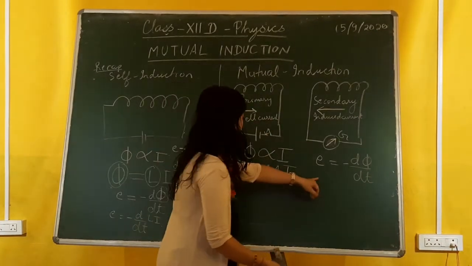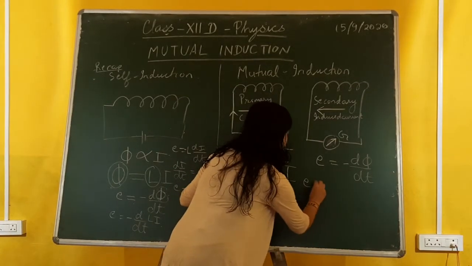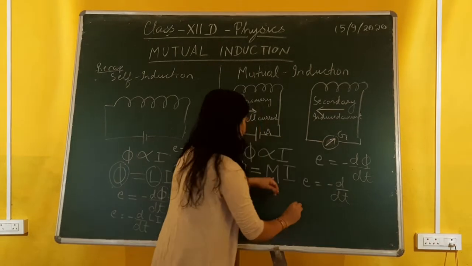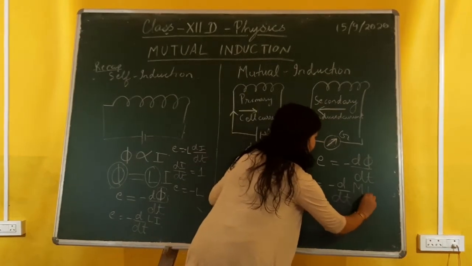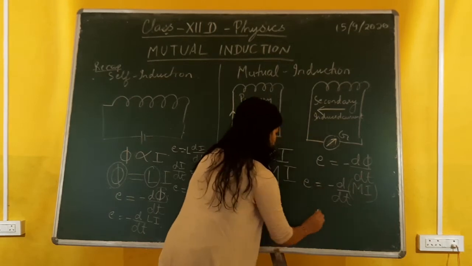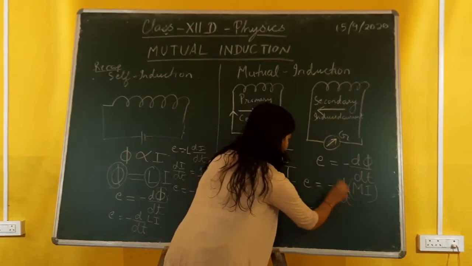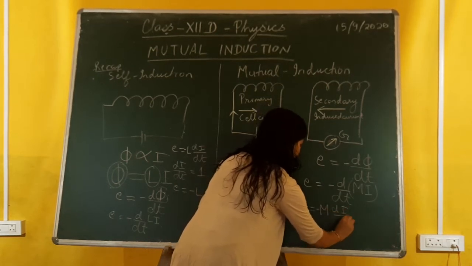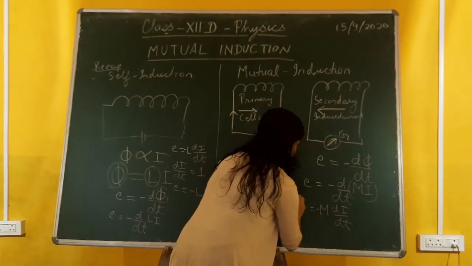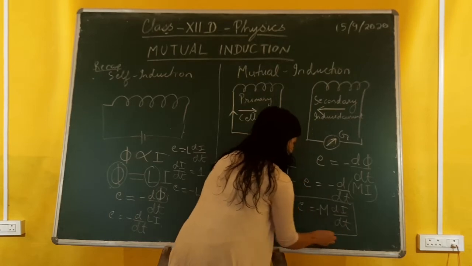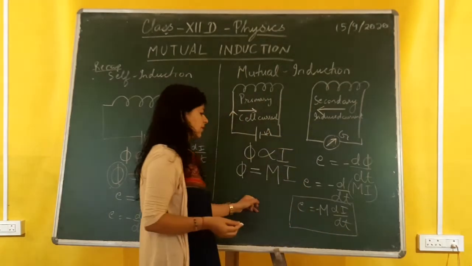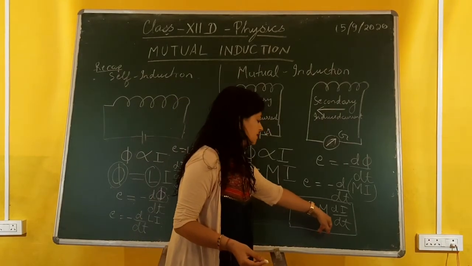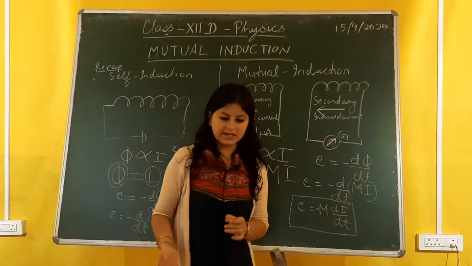Now E will be equal to minus d by dt of phi, which is nothing but M into I, or E is equal to, M becomes a constant, minus M di by dt. So this is the amount of EMF induced in the secondary coil because of the primary coil. E is equal to minus M di by dt, M is a constant.